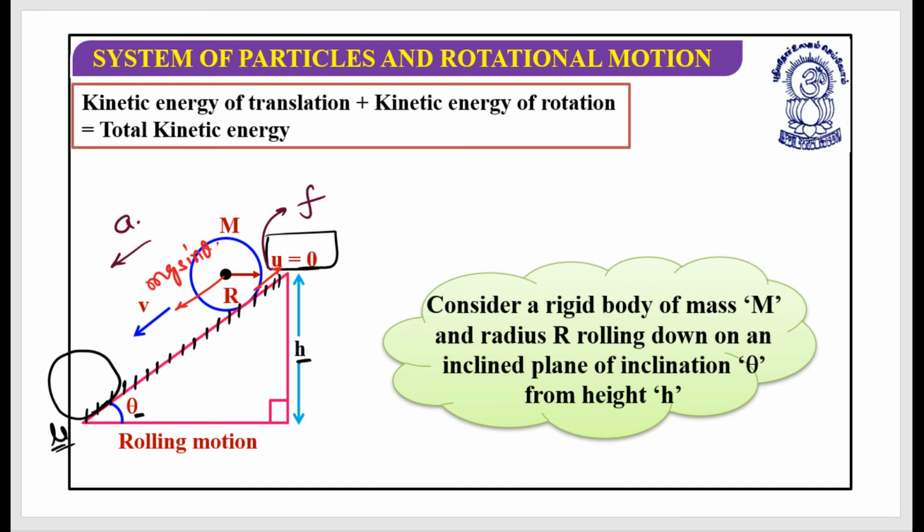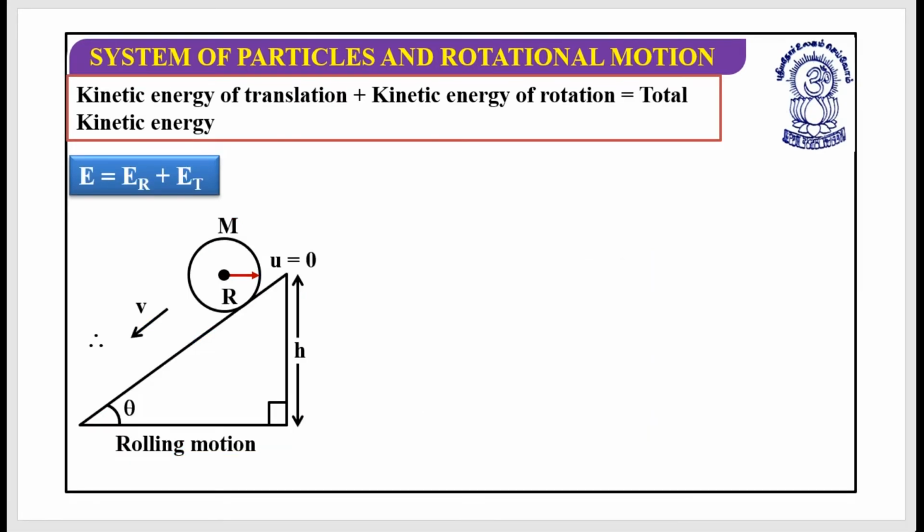So let's check different parameters when the object is rolling on the wedge having friction. Let's first look at the velocity of the sphere when it reaches the foot of the wedge. It is in rolling motion, and this wedge is having friction.